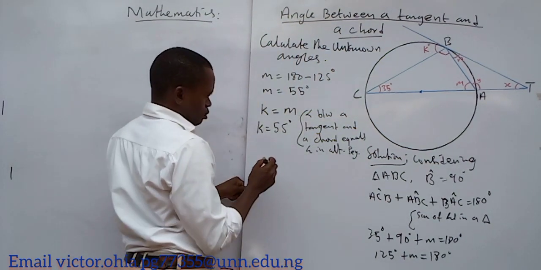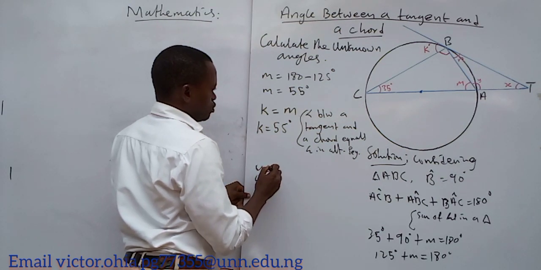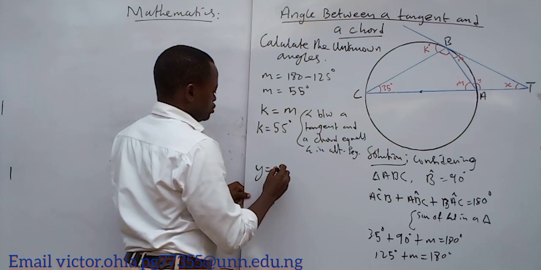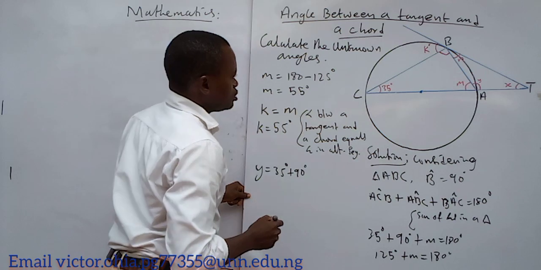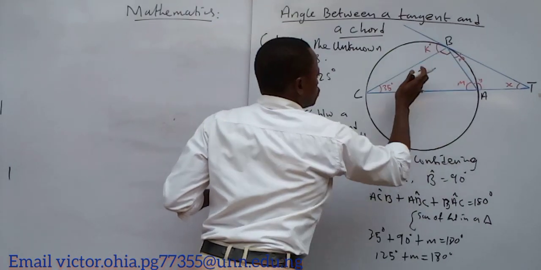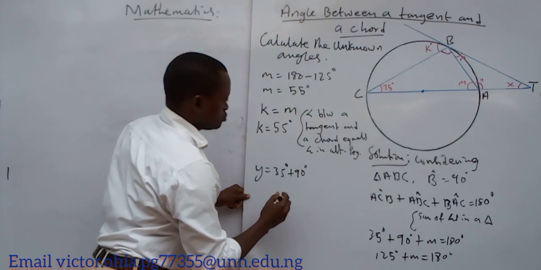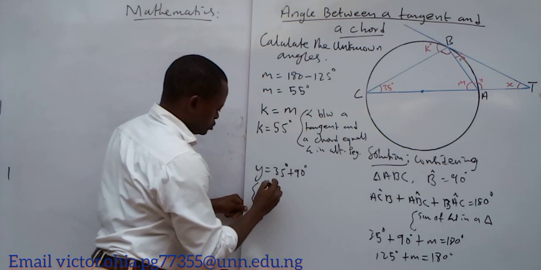That y is equals to 85 degrees plus 90 degrees. You'll be asking me how. So this y is equal to these 2 angles. How? I will say external.